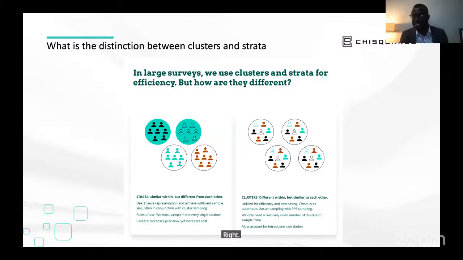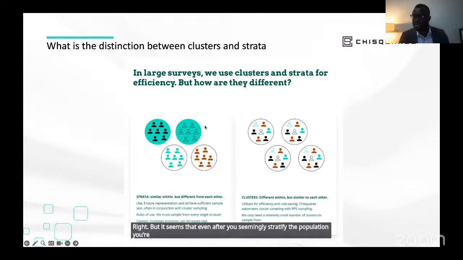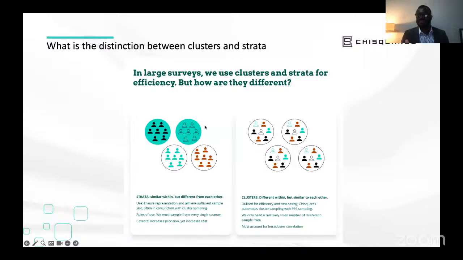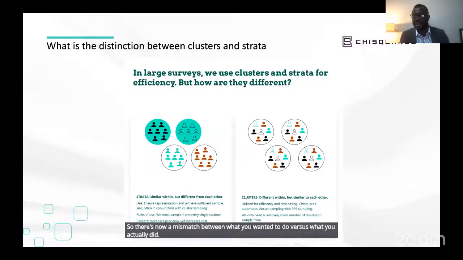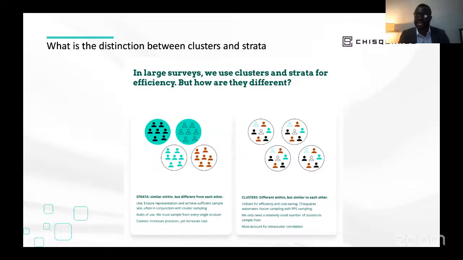But it seems that even after you seemingly stratified the population, you still treated them as one. So there's now a mismatch between what you wanted to do versus what you actually did. If you have a problem with that, one of the solutions is weighting, right?